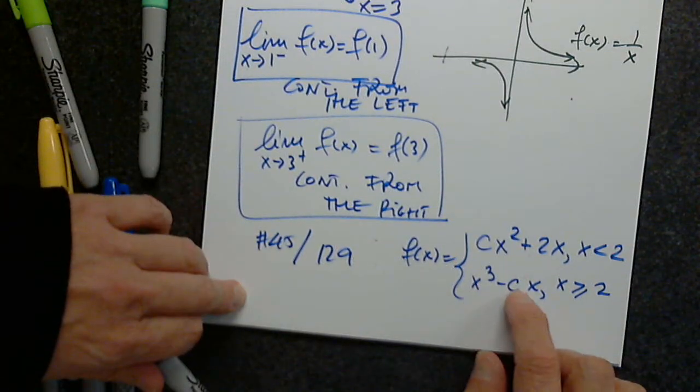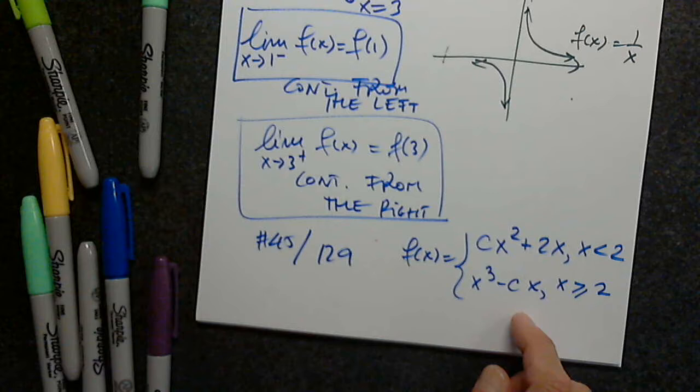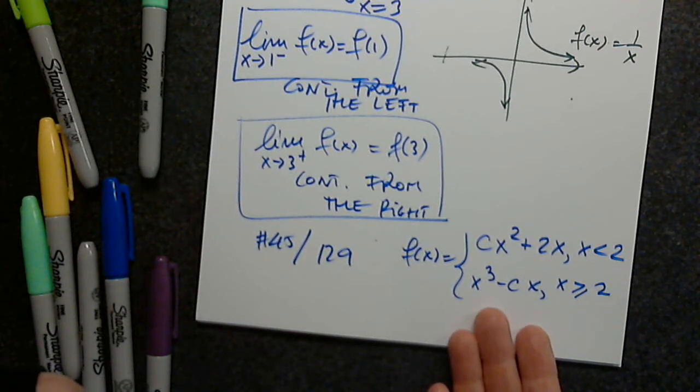What can you tell me about x cubed minus cx? Is that continuous? What type of function is it? Yes, still polynomial. Perfect. Is it continuous? Yes.